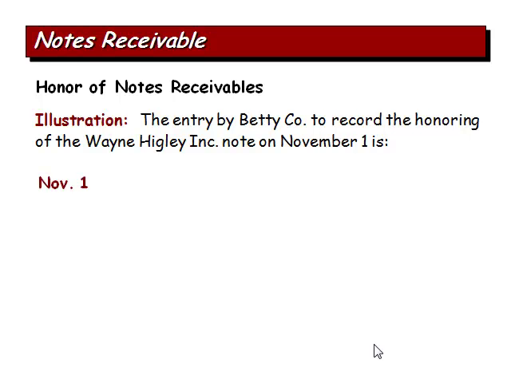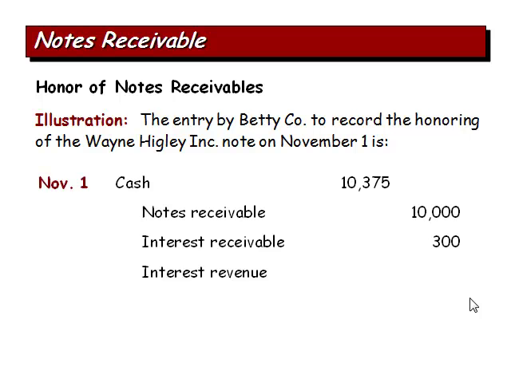Then when we get paid on November 1st, remember we've already accrued some of the interest. So we'd have a debit to cash at $10,375, a credit to notes receivable, a credit to interest receivable for $300 we'd already accrued, and then for 1 month's interest it'd be a credit to interest revenue of $75.